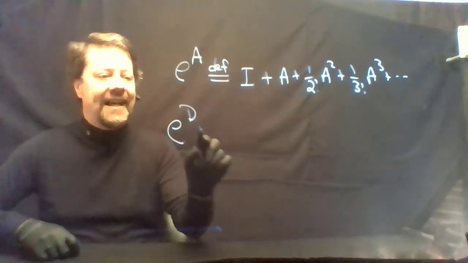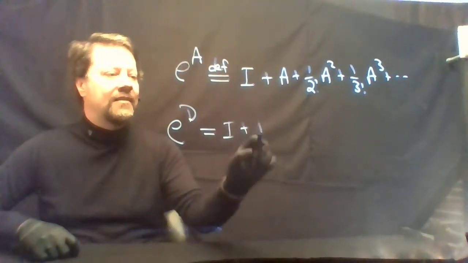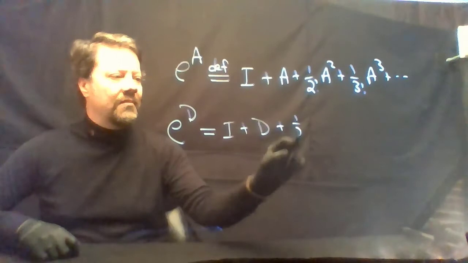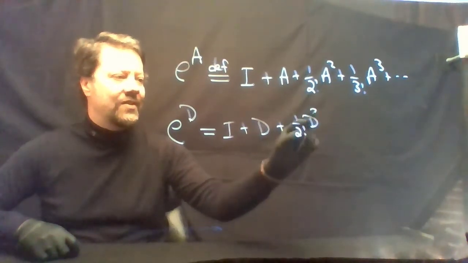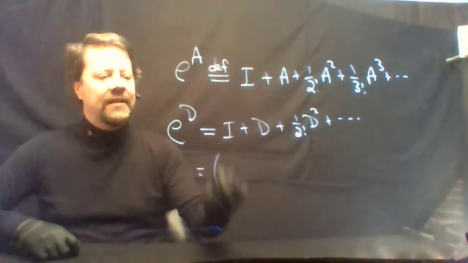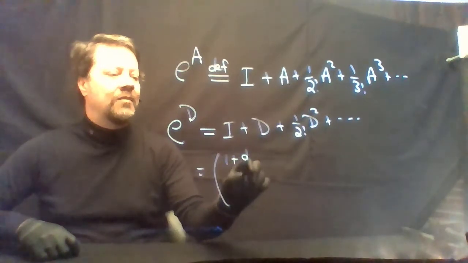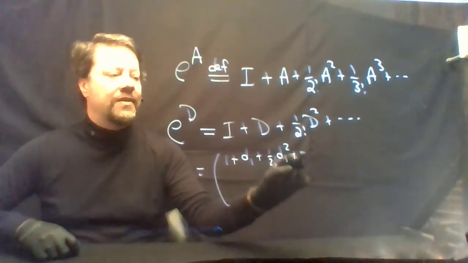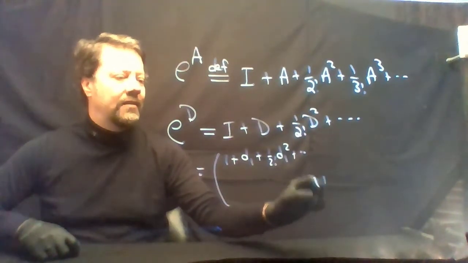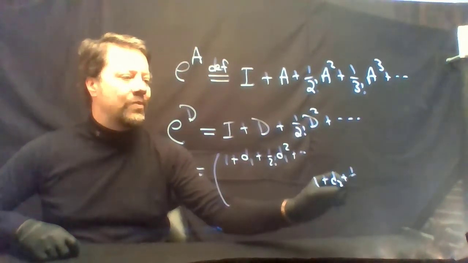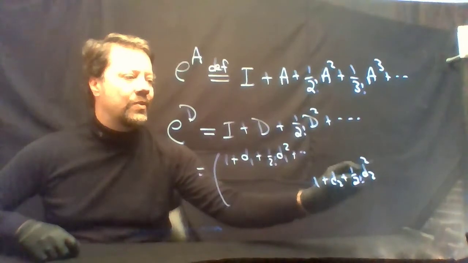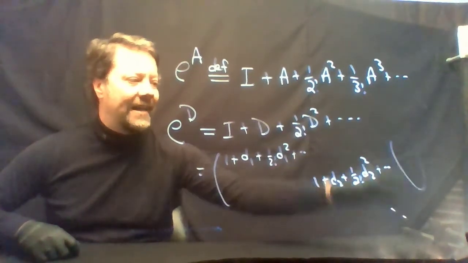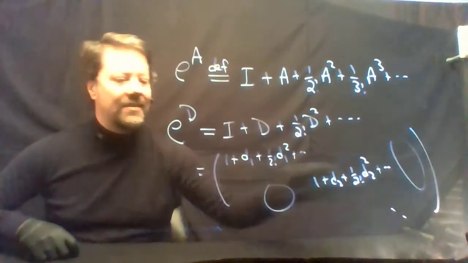E to the power of a diagonal matrix is I plus D plus 1 over 2 factorial D squared, and so on. This will give you 1 plus D1 plus 1 over 2 factorial D1 squared, and so on, then 1 plus D2 plus 1 over 2 factorial D2 squared, and so on, down the diagonals, zeros everywhere else.